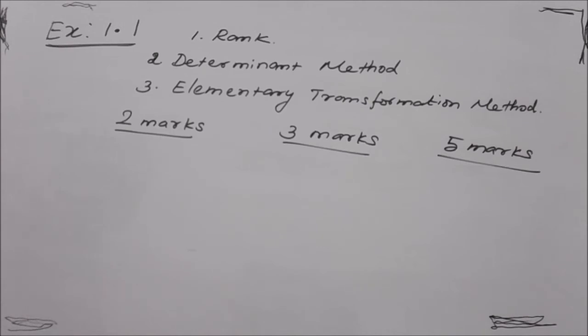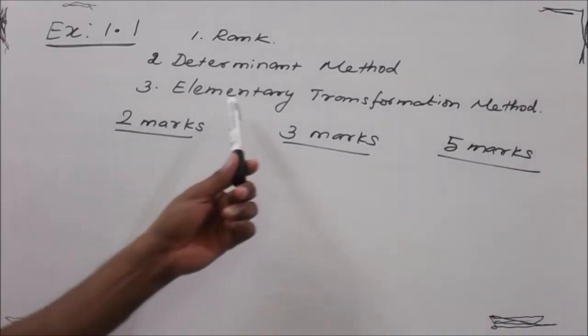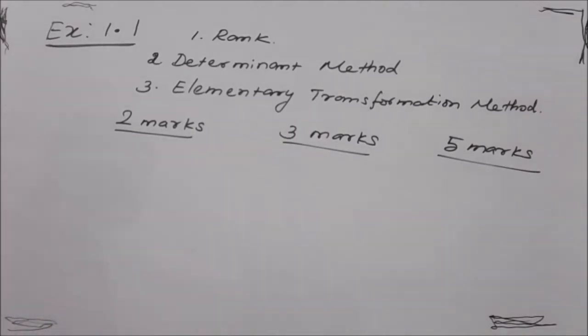Then we moved to the application problems, which are solved only by using elementary transformation by the rank method. If the question says to use the rank method, for all the 5 marks you should apply only elementary row transformations. You should not apply column transformations.